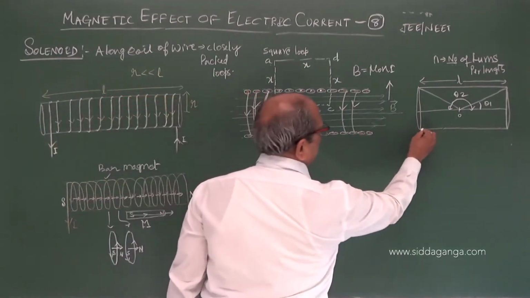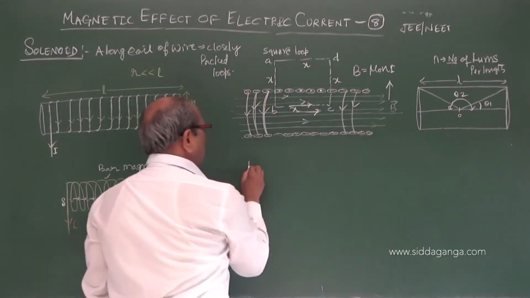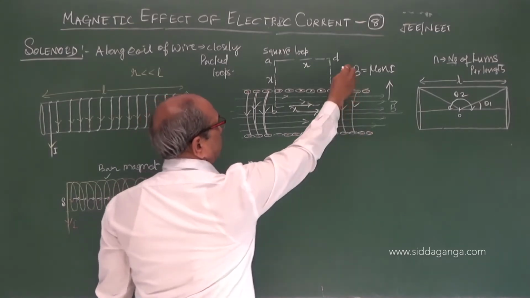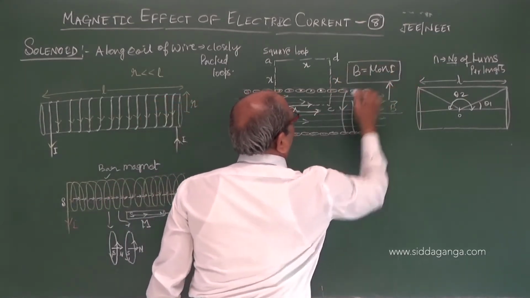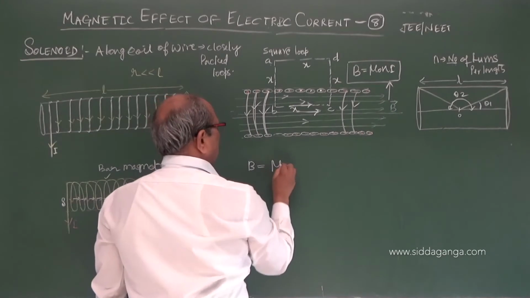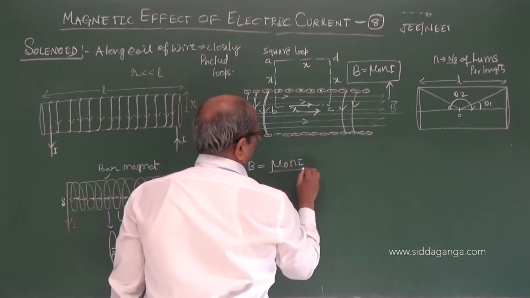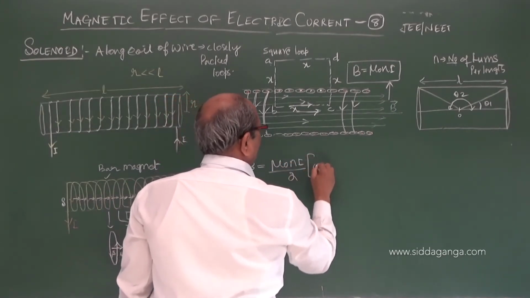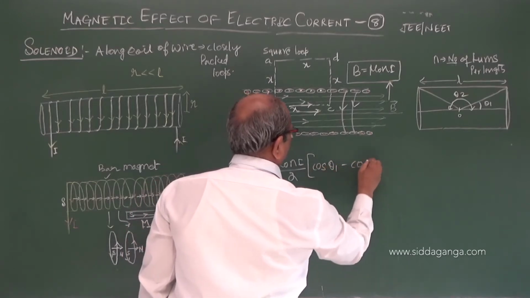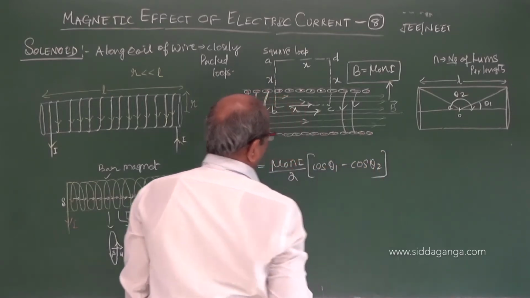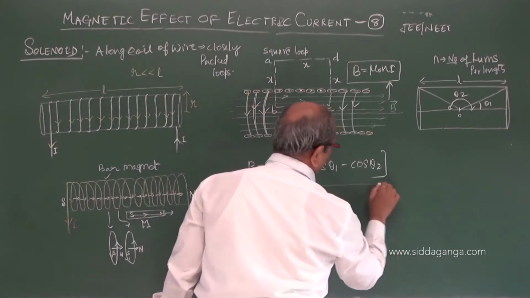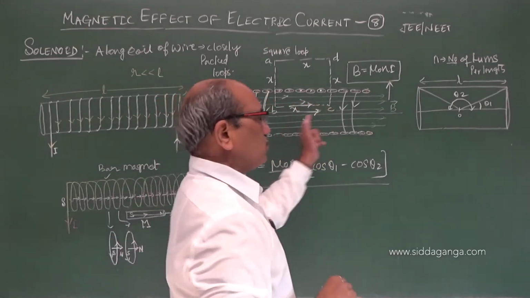One equation we already have. Another equation I can write: mu naught nI by 2 into cos theta 1 minus cos theta 2, is another important relation we use to find the magnetic field along the axis of the solenoid.